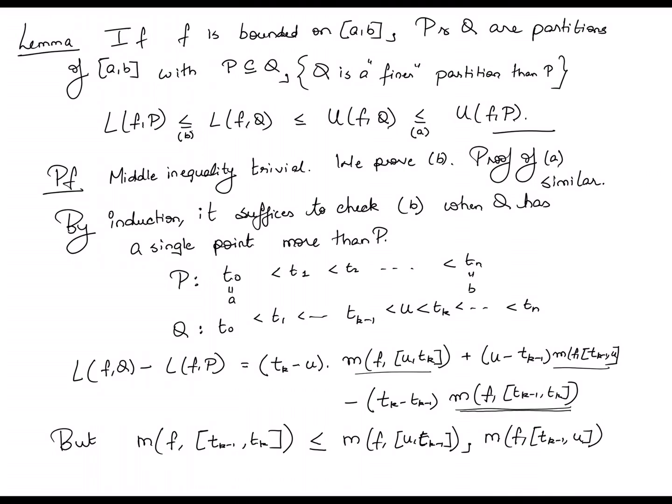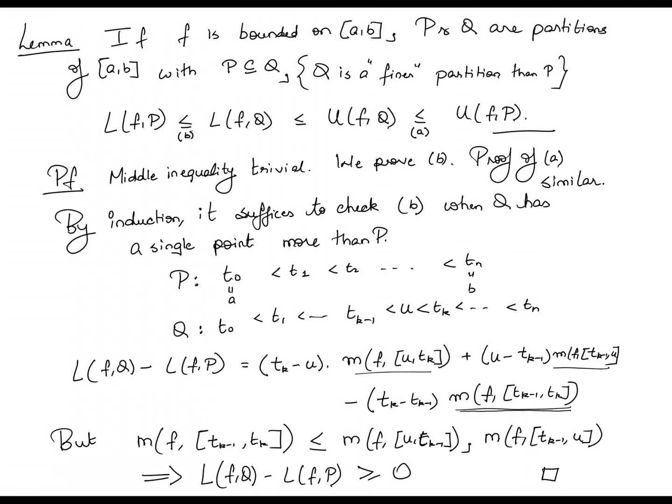Because the infimum over the overall subinterval from t(k-1) to tk is going to be less than or equal to the infimum over each of the subchunks of that subinterval, it now follows that this difference is in fact greater than or equal to 0. L of fQ minus L of fP is greater than or equal to 0.